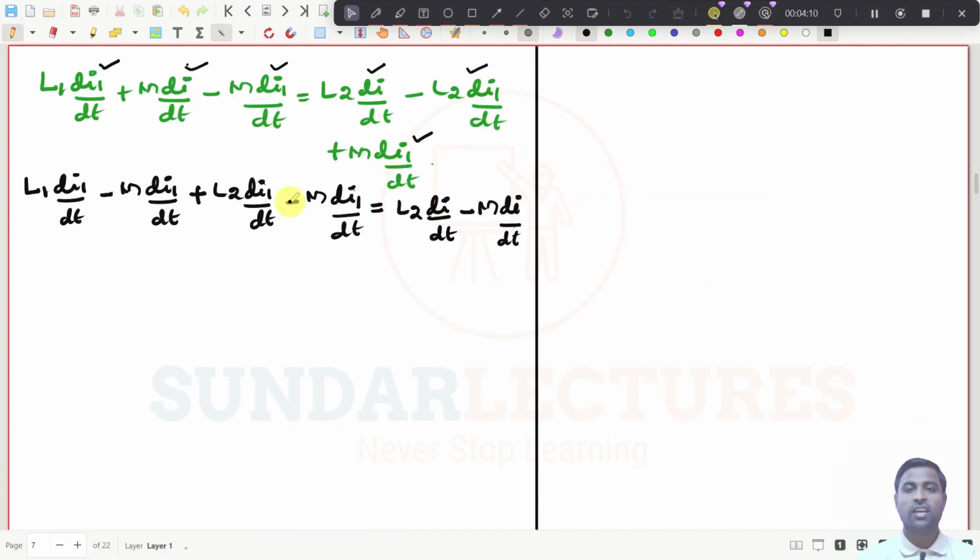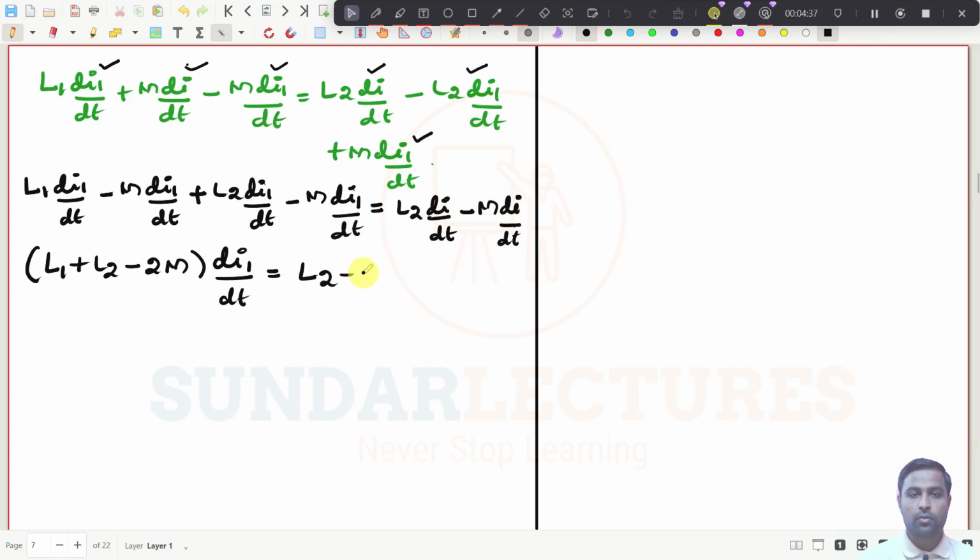So now you see, I have just written I1 terms one side and I terms the other side. So if you take I commonly outside, this is L1 plus L2 minus 2M, right? Minus 2M into di1 by dt, that is the one term, and that will be equal to, if you take the I terms commonly, this is L2 minus M into di by dt.